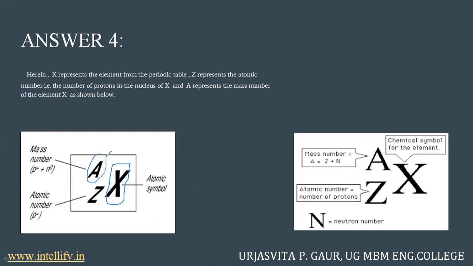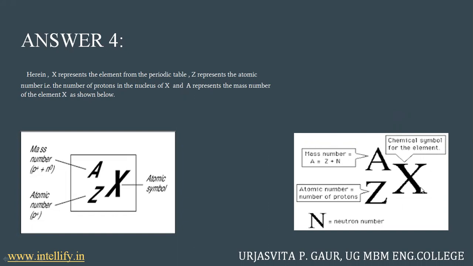A here represents the mass number, where A is equal to Z plus N. Now Z is something that we have already looked at in the previous slide, where Z is the number of protons, or you can say it's the atomic number, and N is the neutron number. And this Z over here is the atomic number, or P, that is the number of protons. And with this, we have finally understood the significance of this symbol, so that whenever you look at it again, you will never be confused.